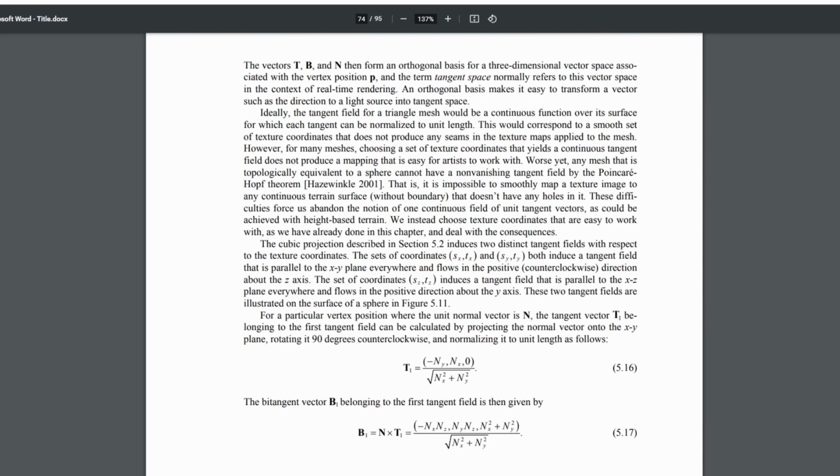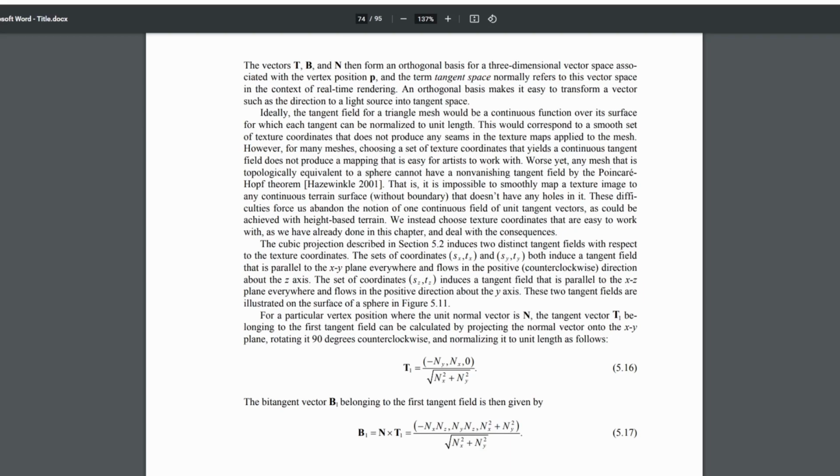So for example, if we had some normal vector and we projected to the yz plane, then we have the vector (0, y, z). Then, to rotate this vector 90 degrees, you swap the first axis with the negated second. So the example of (0, y, z) rotates to become (0, -z, y).